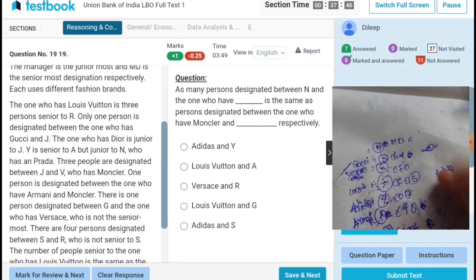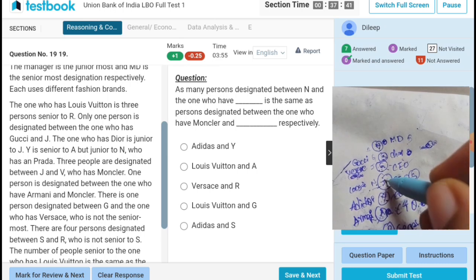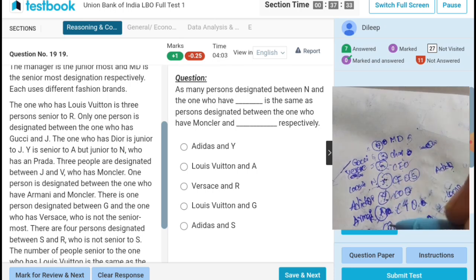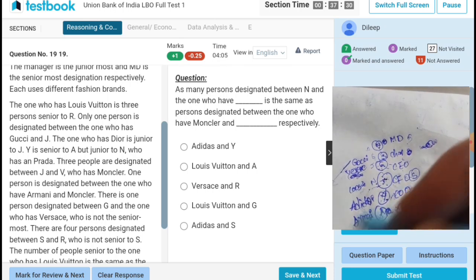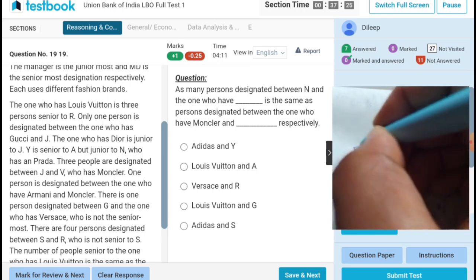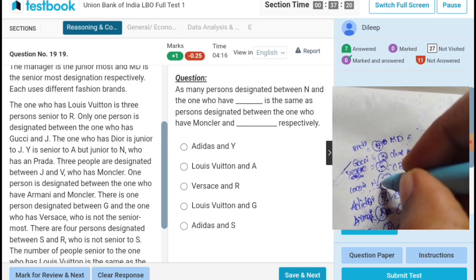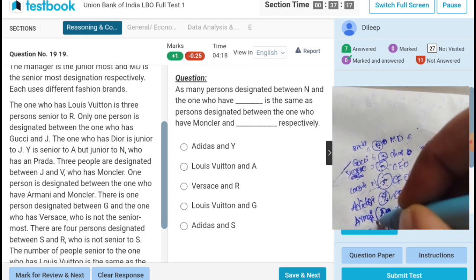These are the 3 persons junior senior to A. And G. Y is senior to A but junior to N. Panda, G and V Mansular. And Armani.